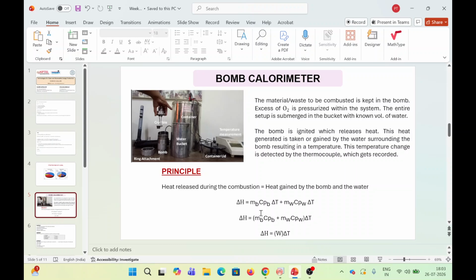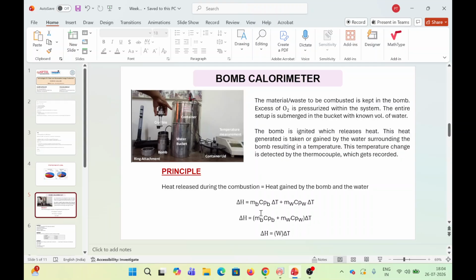It's very simple, and this is one of the techniques that is used even in recent days to calculate the amount of energy produced by the combustion of a material. Take the material, place it in a bomb, pressurize the system with excess oxygen, and then submerge the material-filled bomb inside a water bucket with a known volume of water.